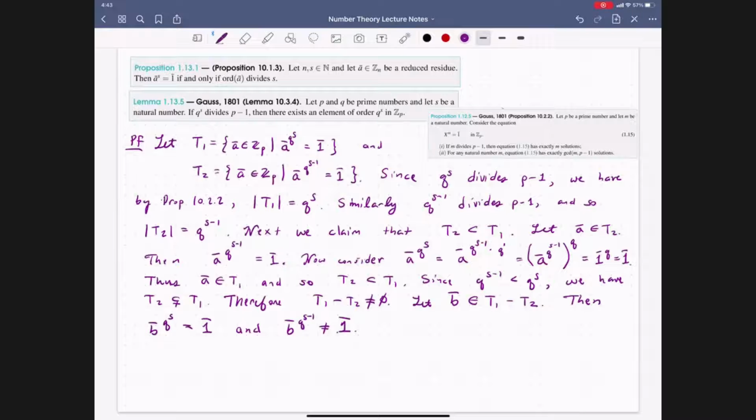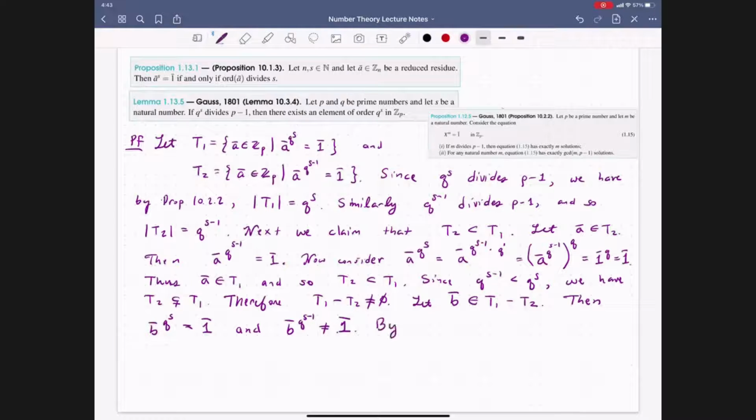So where do we go from here? If we look at the proposition from last time, we know that A bar to the s is equal to 1 bar if and only if the order of A bar divides s. So because B bar to the q to the s is equal to 1 bar, we have that the order of B bar divides q to the s.